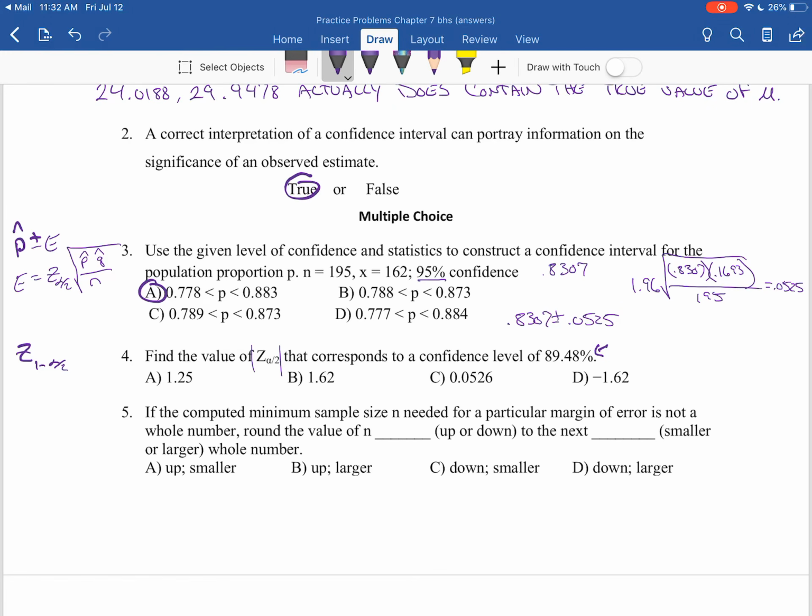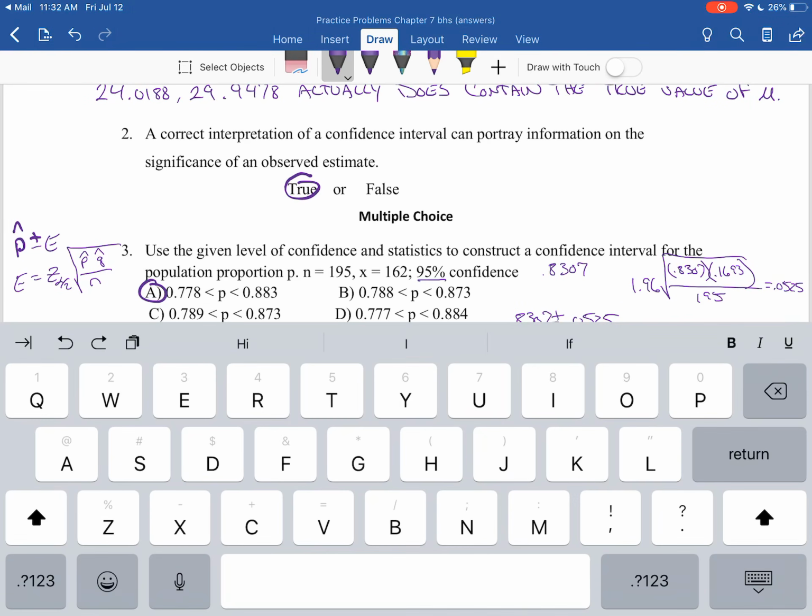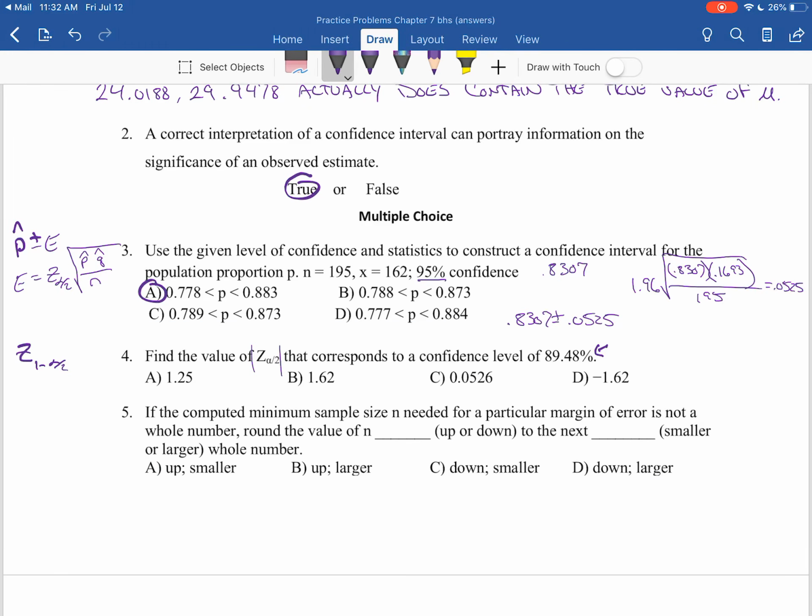And when you do that, when we get our Z value, you're either getting the absolute value of Z of 0.0526 worked out, or 1 minus that value.